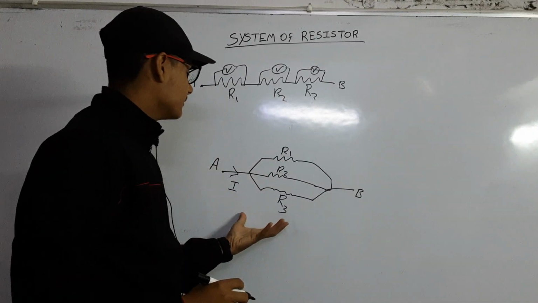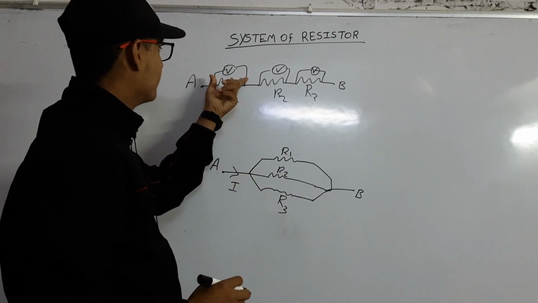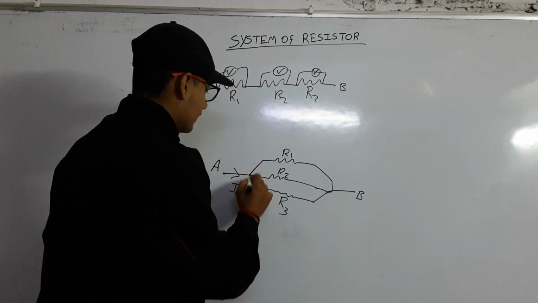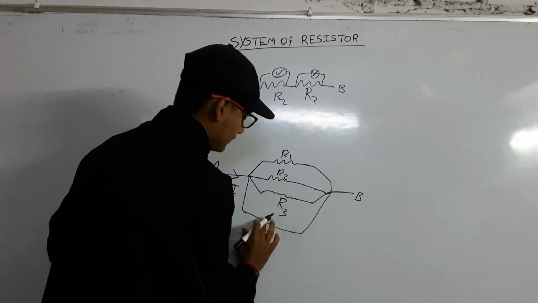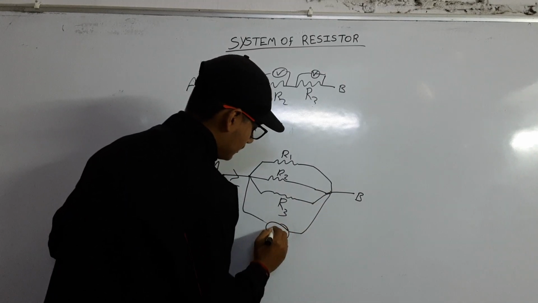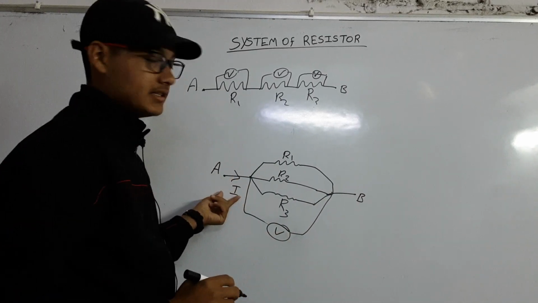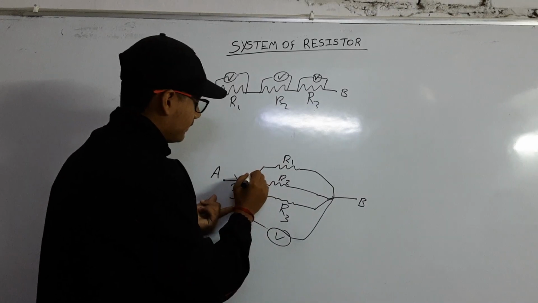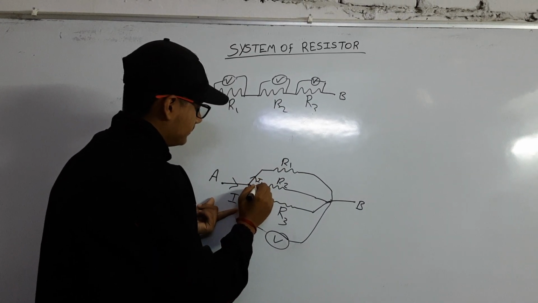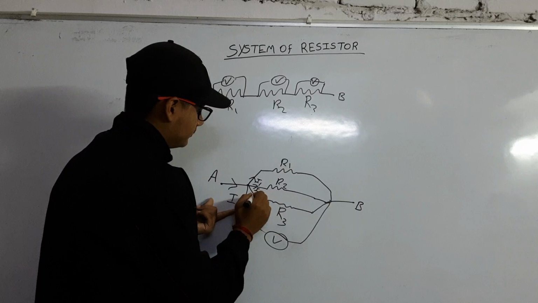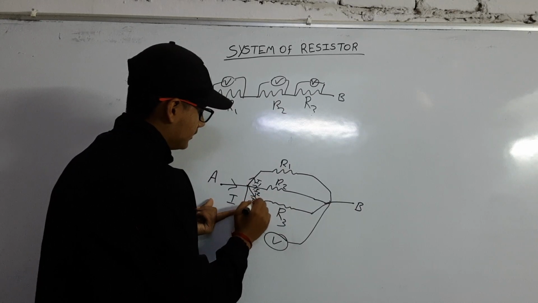What happens here is that the volt remains the same, so we can directly measure it by a single voltmeter. But since I changes here, we can name it as I1, I2 and I3.